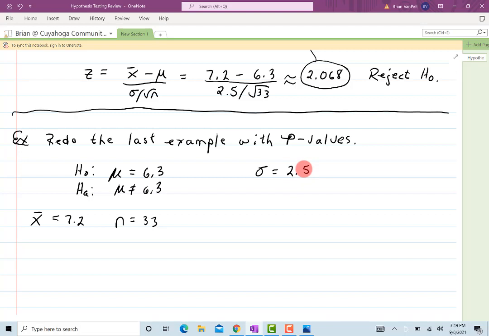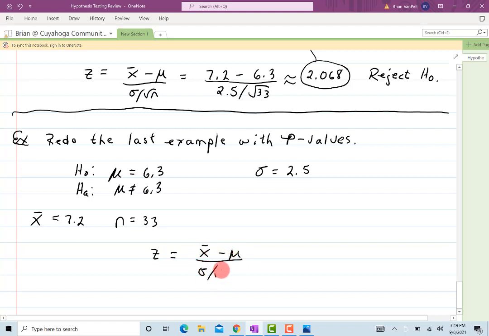So the first thing we are going to do is take a look at our test statistic, and we're going to have x bar minus mu divided by sigma over the square root of n. X bar was 7.2. Well, I know I did this, but I'm redoing it anyways, just in case you only wanted to study the p-values, perhaps you could just look at the second part of every example. 2.5 divided by the square root of 33, and that was approximately, since you're going to use the table, you don't need to go any more than 2 decimal places.